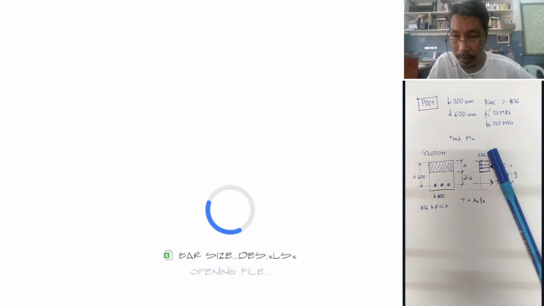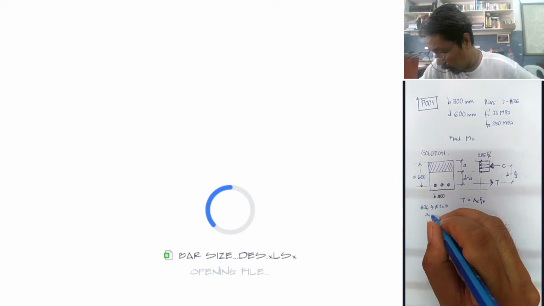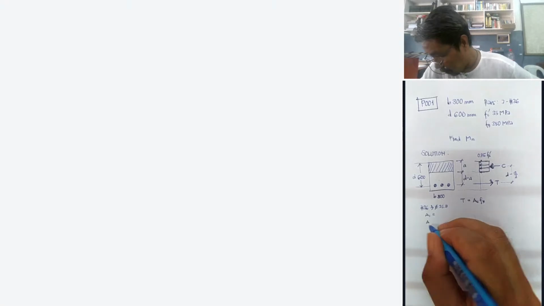And what about the area? The area of one piece, we need to look it up at the table or compute, so that we can find out the total area of steel.